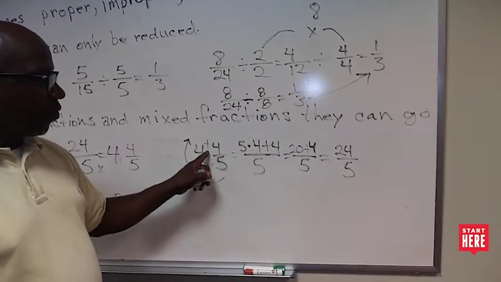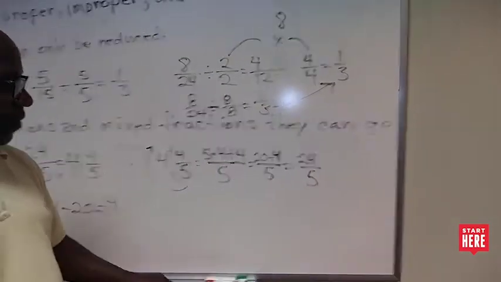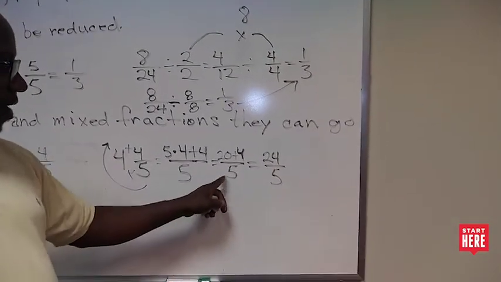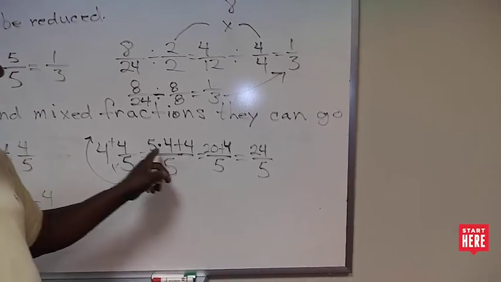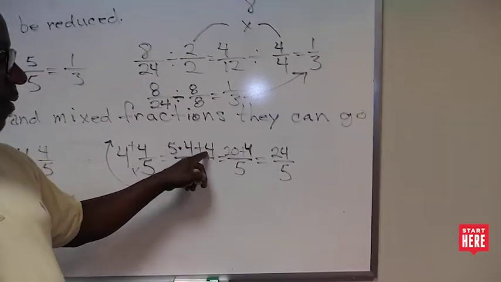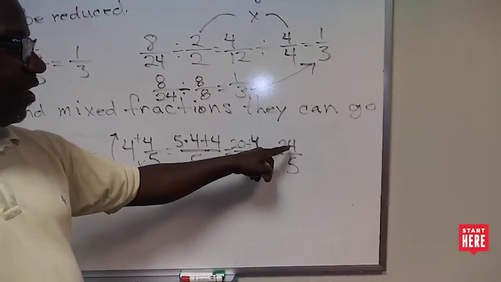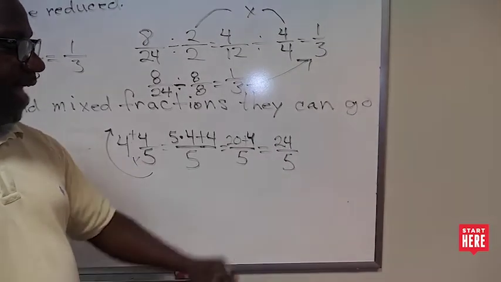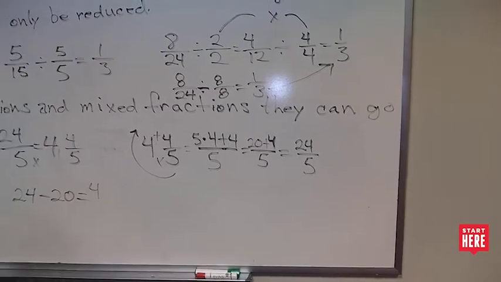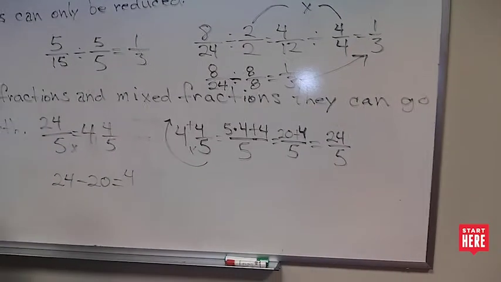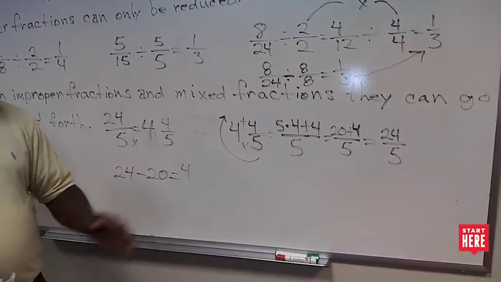To that product, we're going to add 4. 5 times 4 is 20 plus the 4. 20 plus 4 is 24. We bring our 5 over, and again, we have 24 over 5.